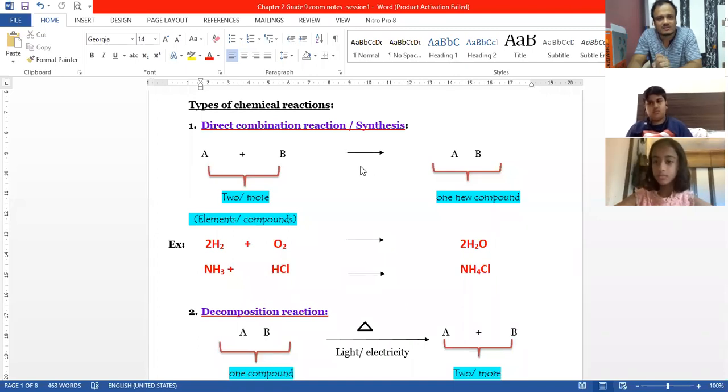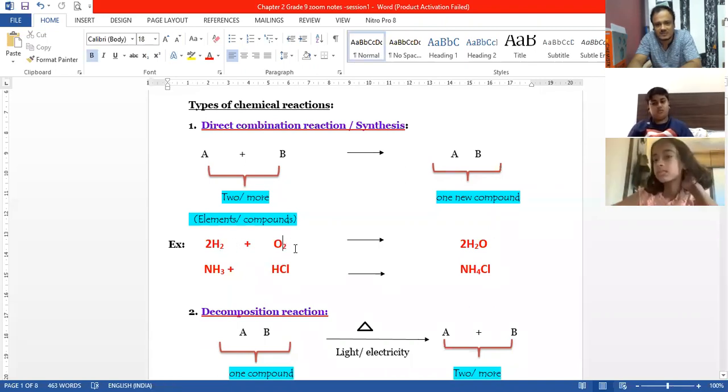So direct combination reaction, as I was telling you, is about the breaking and making of bonds. We can take the first example given over here. If I'm taking hydrogen, we have a hydrogen molecule. We know that hydrogen is a diatomic substance, same with oxygen.